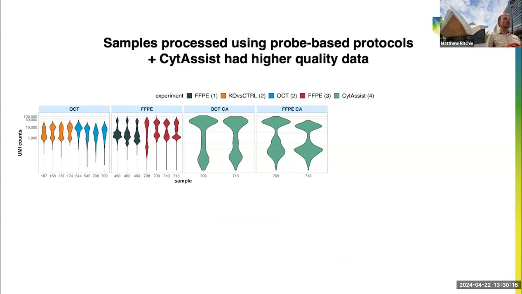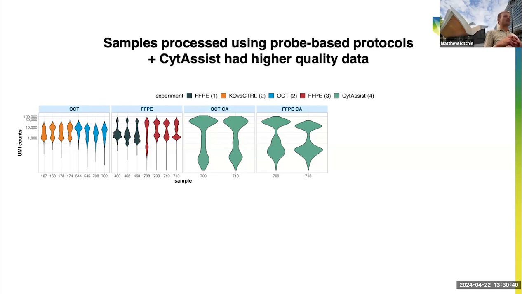So if we look at the UMI counts across all of these different samples and data sets, and here we've got them categorized by fresh frozen, FFPE, with and without CytAssist. You can see there that there is some variation between samples individually. And also for the later data sets, which have used the CytAssist platform, we tend to be getting more data.